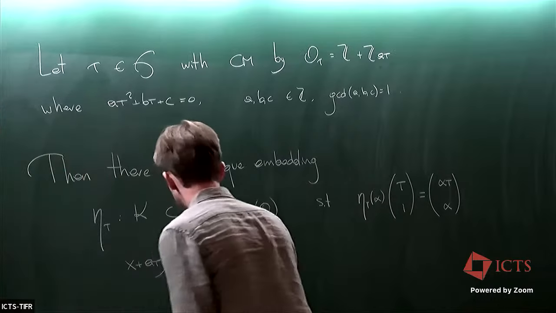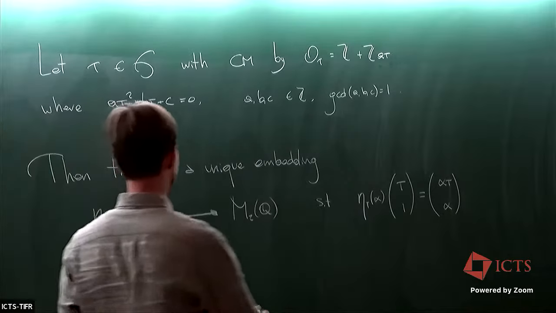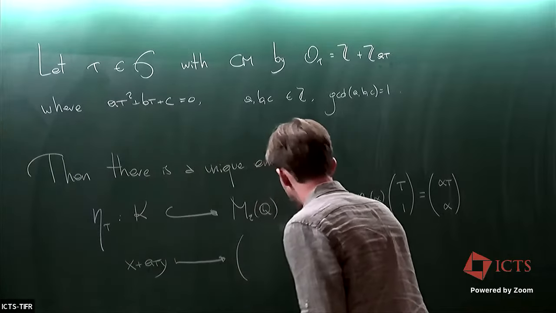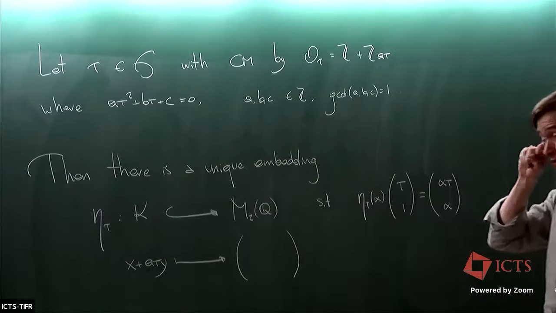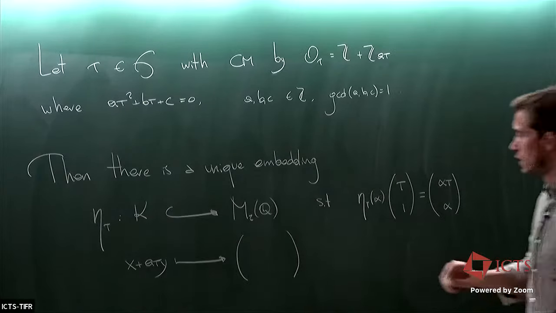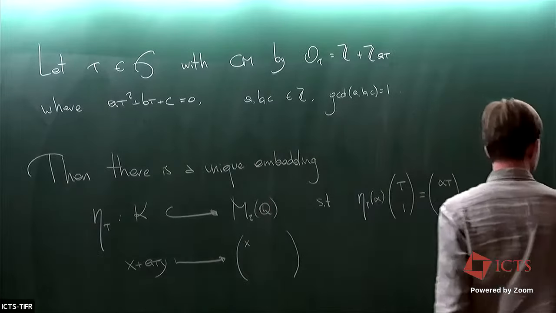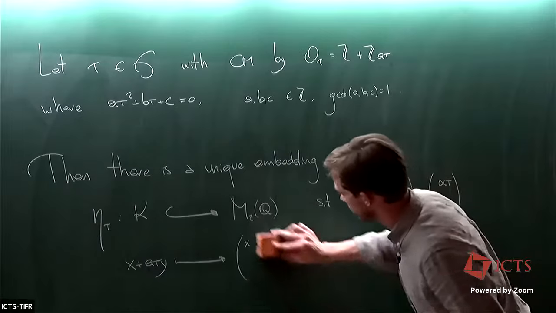Everything in K can be expressed in this way, and what that gets sent to is something really rather explicit. The x's are just going to be diagonal matrices. So that's just multiplication by a scalar in Q. So the x's had better arise. Maybe I make this matrix a little bit bigger for the people sitting near the back.